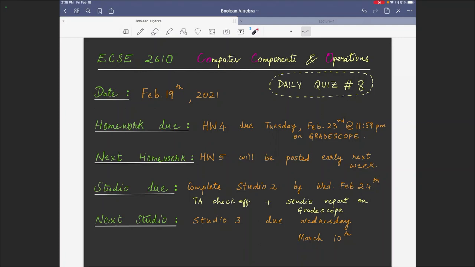But it is not going to be open for the duration of 24 hours. It's most likely going to be available for 12 hours. And for the exam, you will have about 2.5 hours to complete it from start to finish. All the details I'll write up in a document, and I'll post that for you to read through. Okay, any other questions?